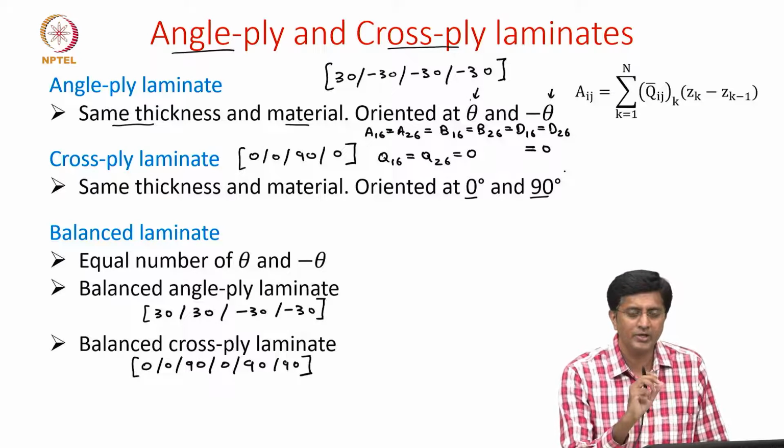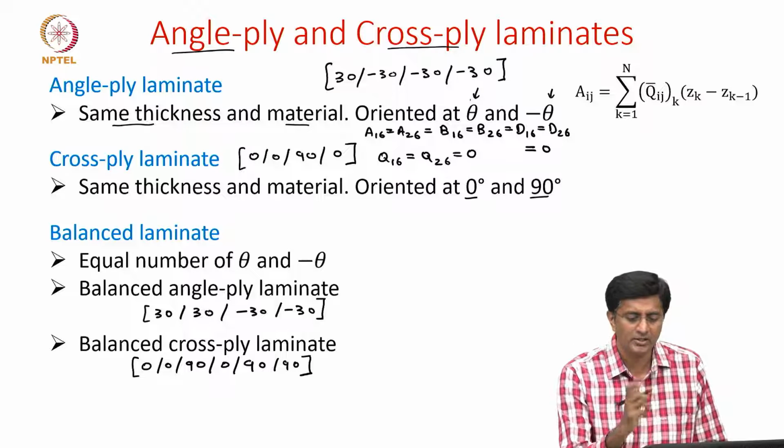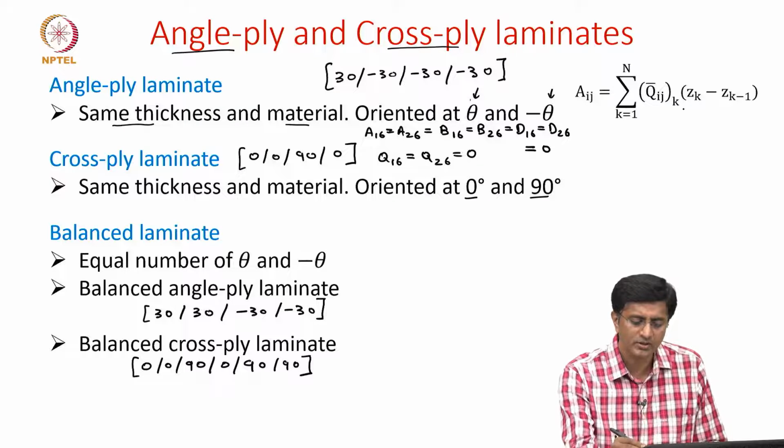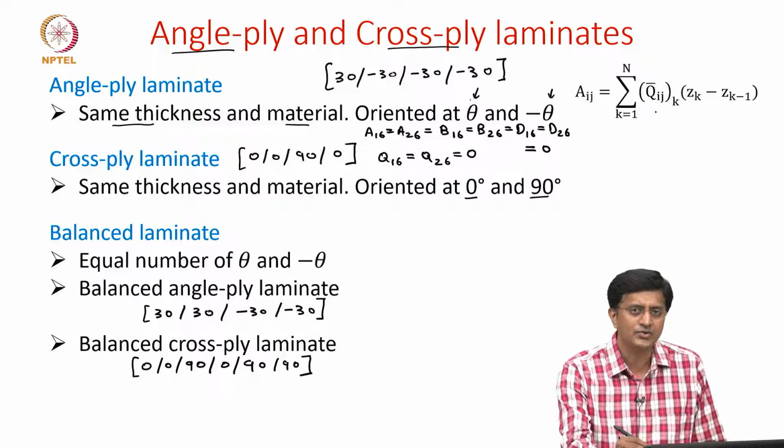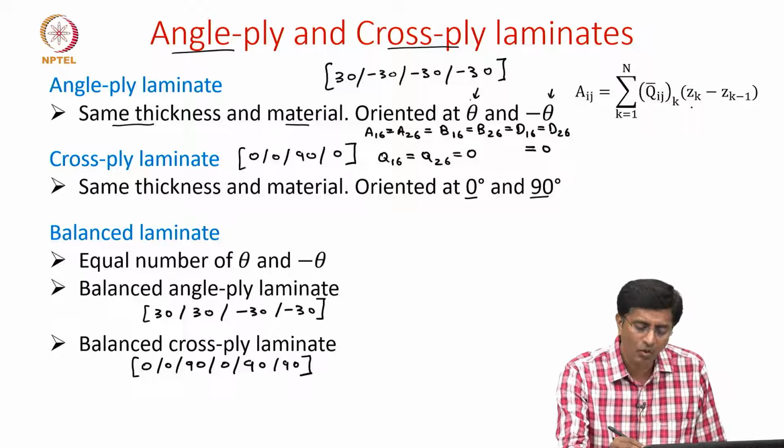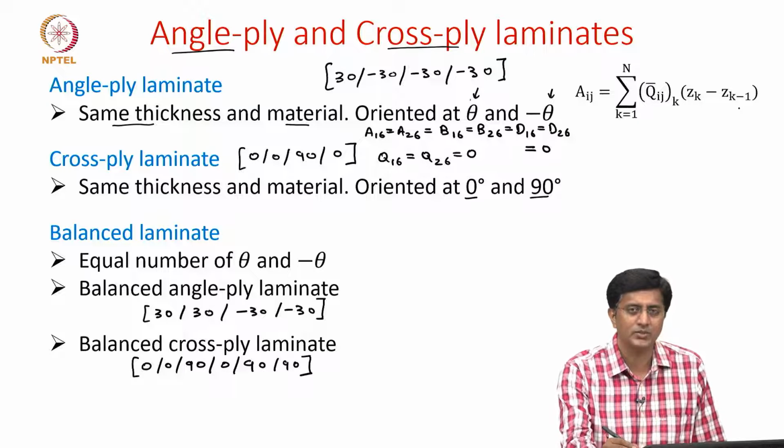So in the ABD matrices of the classical laminate theory, this is the expression for writing the matrix A. Here Q bar is the transformed stiffness matrix, and what is Zk minus Zk minus 1?